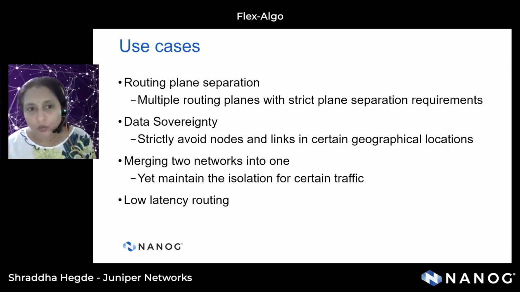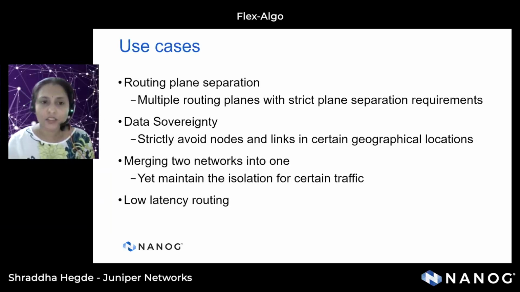So what can be done in this kind of case is have the high bandwidth traffic use the flex algo, and then restrict it to only the plane that was meant for internet traffic when the two networks were separate networks. So what you get is in effect a single IGP, so a single operational team can maintain the network, but then you get the isolation that you need for the high bandwidth traffic.